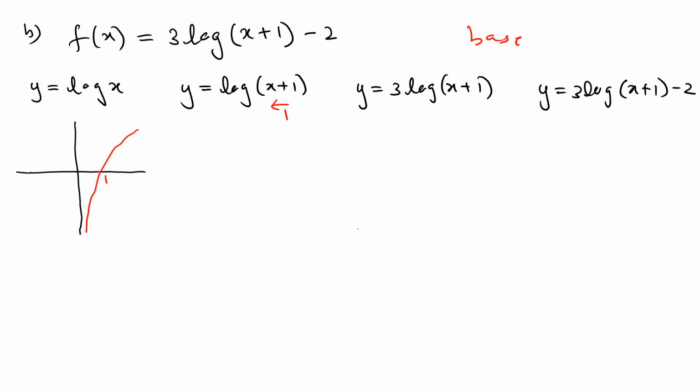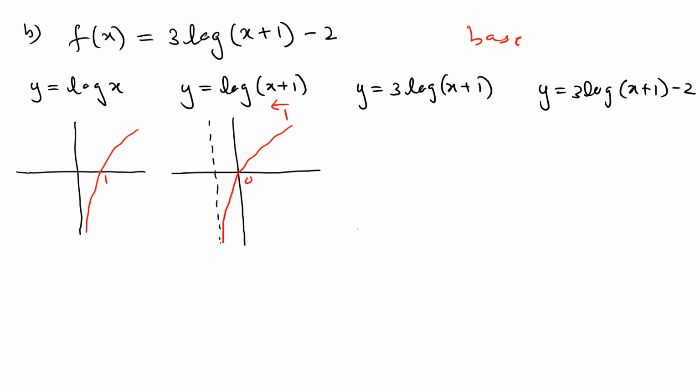So it's gonna move the asymptote by 1 unit. The new graph now goes through 0 and gets the asymptote. So this is passing through 0 now.